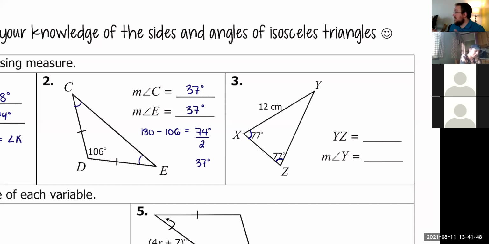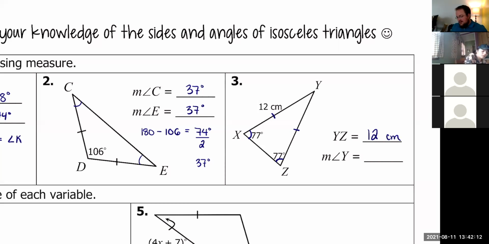If you have two congruent angles, their opposite sides must also be congruent. So I could say that XY and YZ must also be congruent. Because remember, the converse of that theorem up above said it's not just true one way, it's true in reverse as well. So what's the measure of YZ? 12 centimeters.